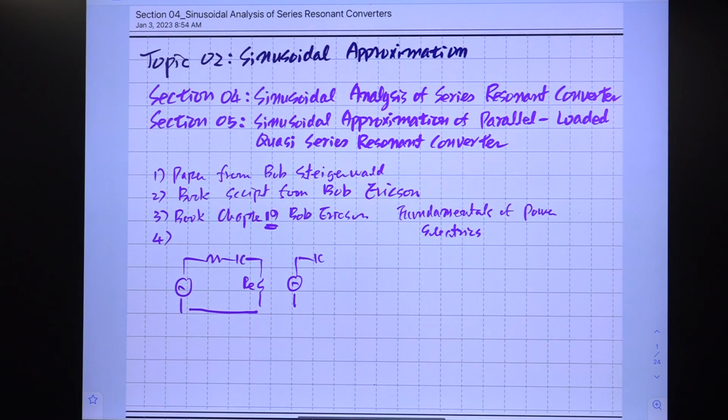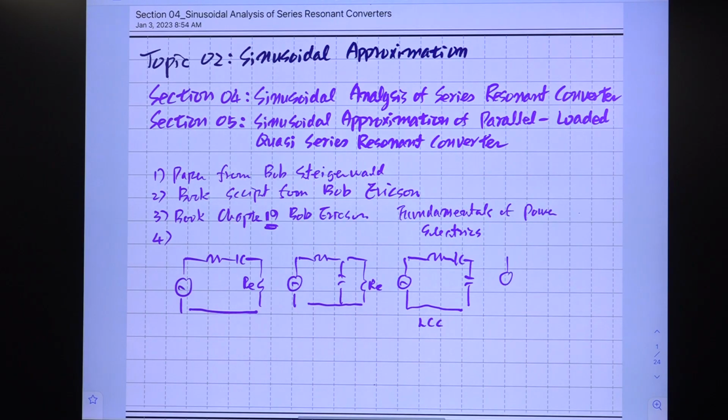L is coming here, C is here, and R is here. This one is what? A parallel loaded quasi-series resonant tank. Okay. Another one, popular in the past, was this structure. L is coming here, and the C is here, C is here. This one is LCC, okay.